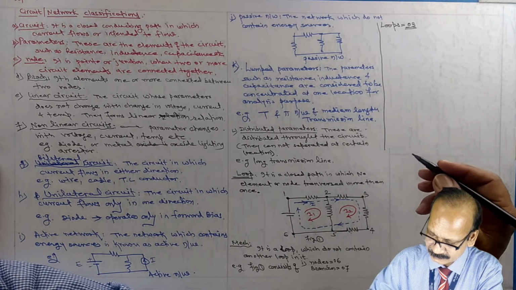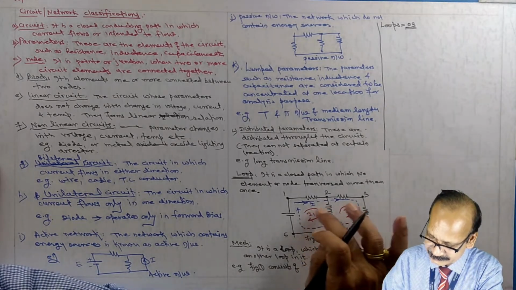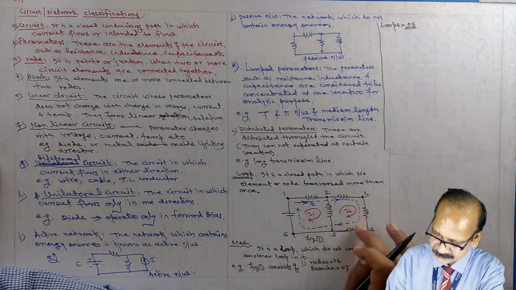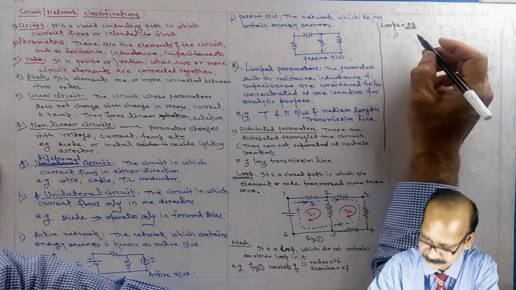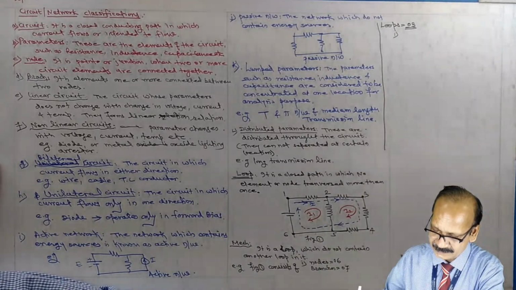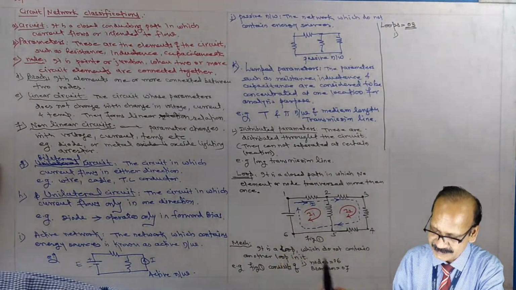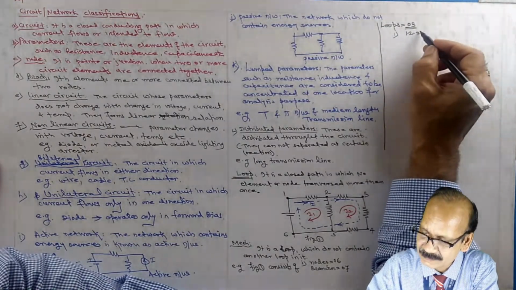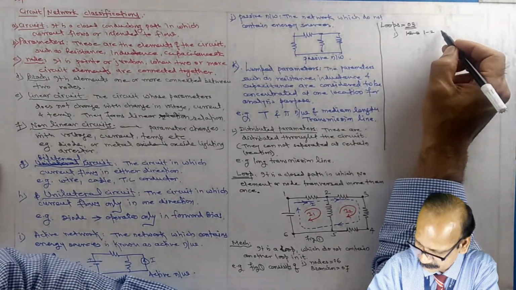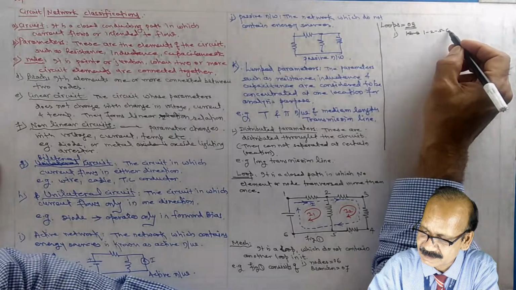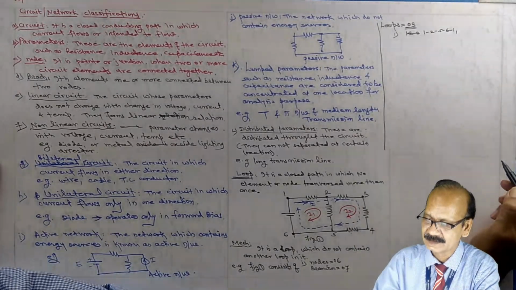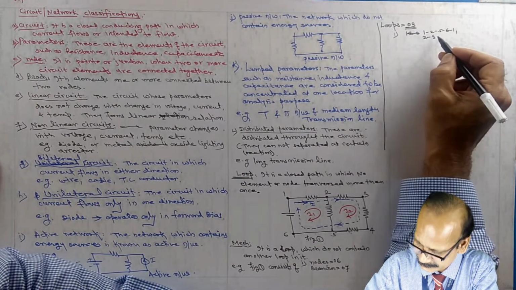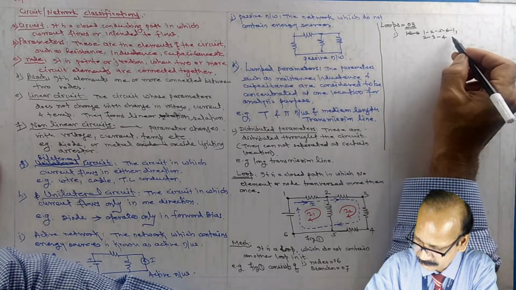A loop is a closed path. You can start from any point, but you should reach the same point again. Say 1, 2, 5, 6, 1. This is one loop. The second loop is 2, 3, 4, 5, 2.